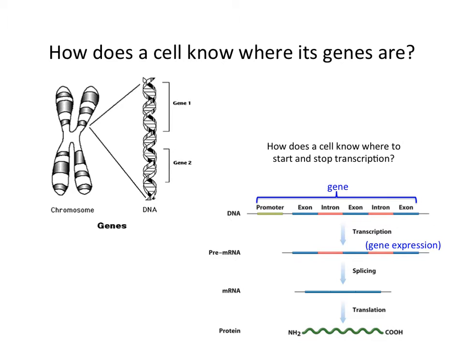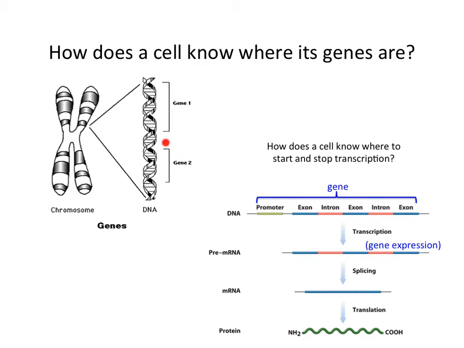So we're going to talk about the central dogma. DNA turns into, it doesn't turn into, but codes for RNA, which encodes for protein. The first thing we need to know is, how does the cell know where its genes are? Here's a drawing of a chromosome, like many of the drawings you drew for us already in class. How do these authors know where to end that drawing for gene 1 and start the drawing for gene 2?